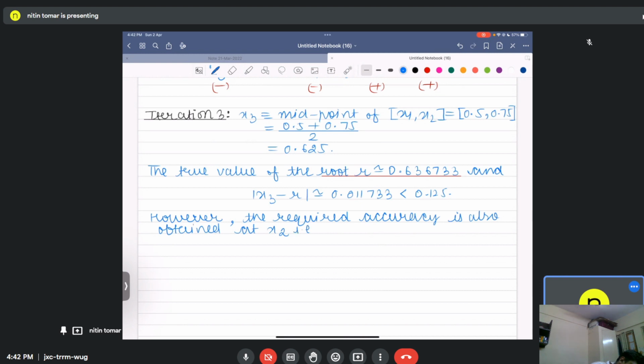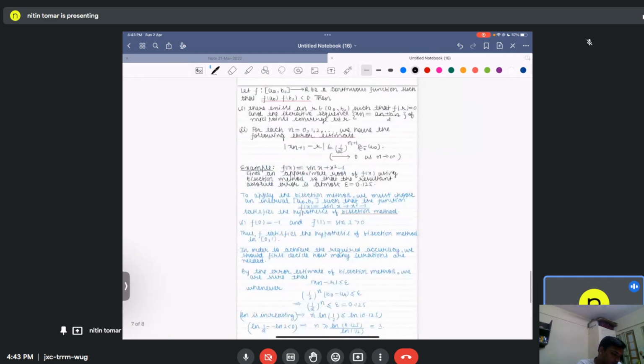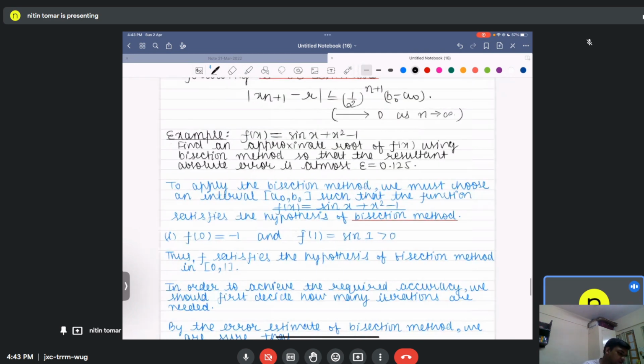That is, you compute x2 minus r, and it is approximately equal to 0.1133, which is strictly less than 0.125. So yes, you just see this example. This was an interesting example.